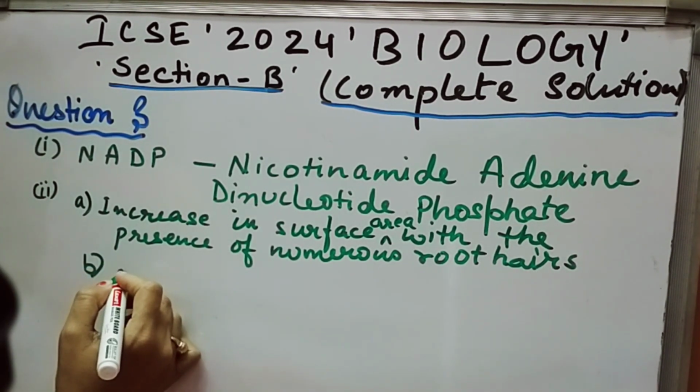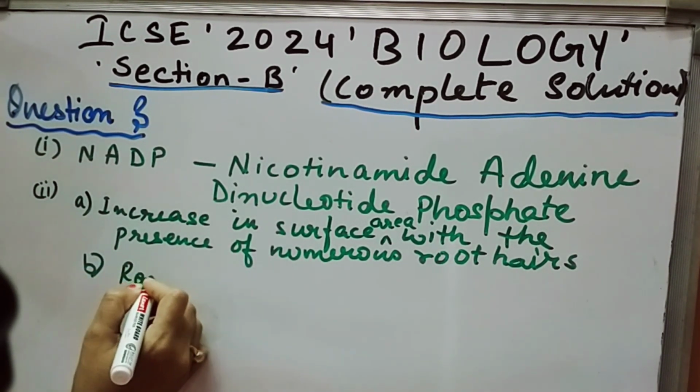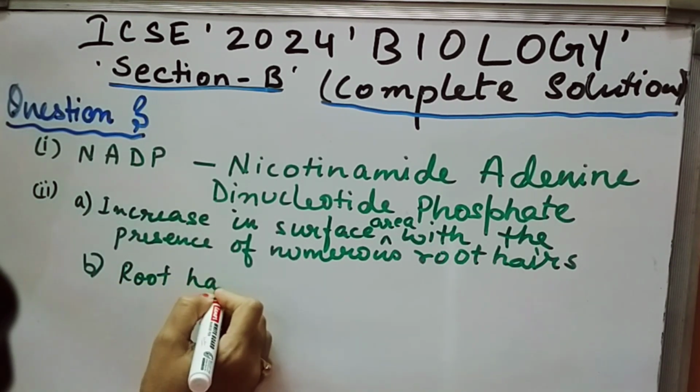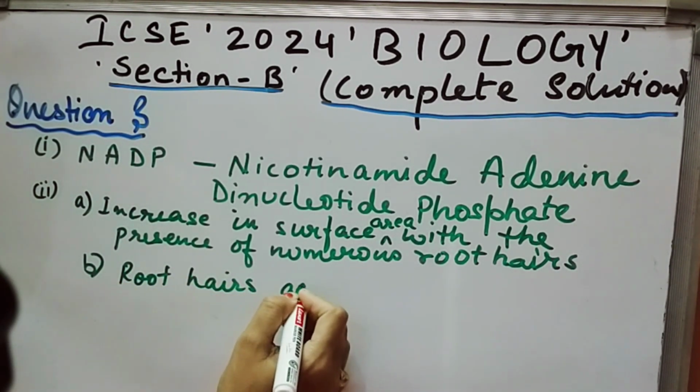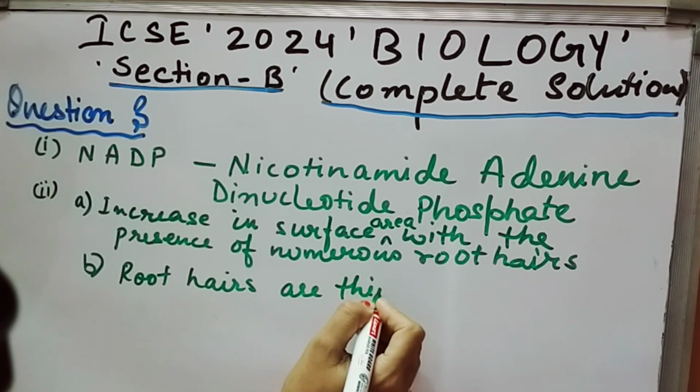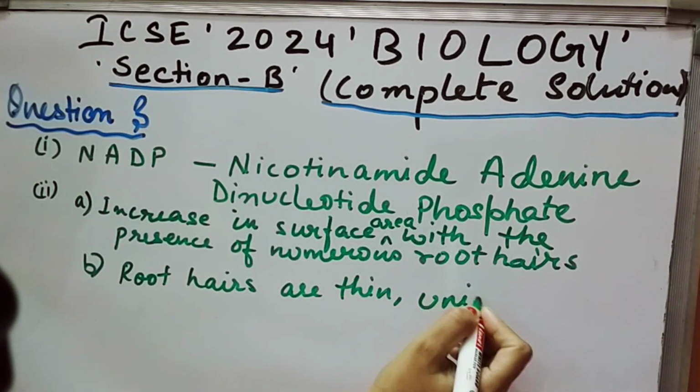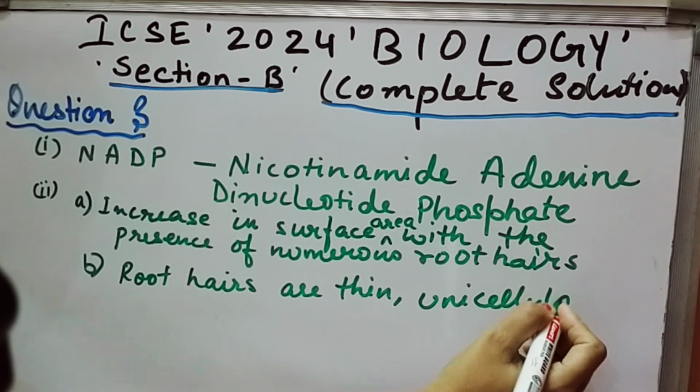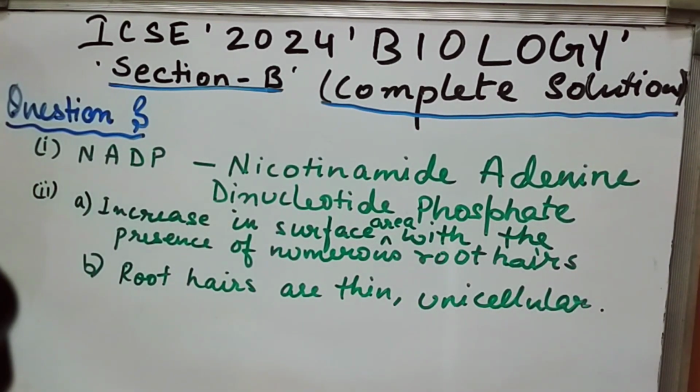Then root hairs, their characteristic, root hairs are thin and unicellular. That helps in more water absorption, that is increasing the water absorbing capacity of the root.